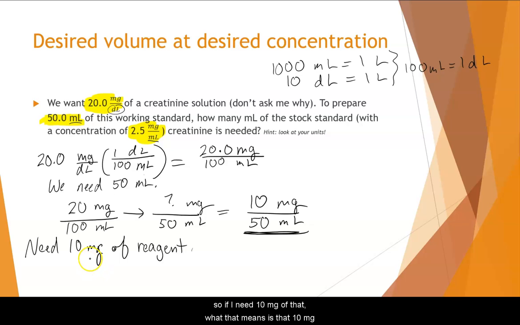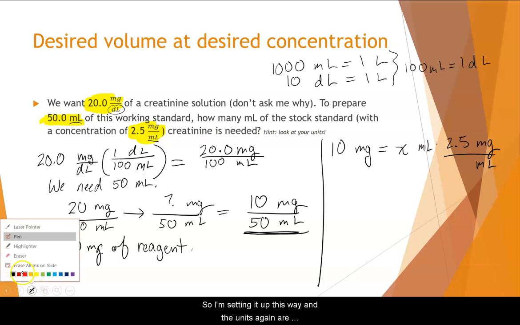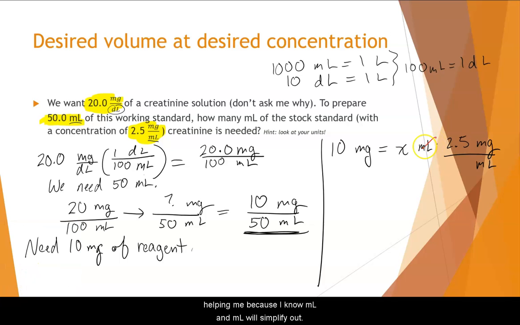So if I need 10 milligrams of that, what that means is that 10 milligrams equals some number of milliliters times the 2.5 milligrams per milliliter that the stock solution currently is. So I'm setting it up this way, and the units again are helping me because I know milliliter and milliliter will simplify out. This is how I end up with milligrams.